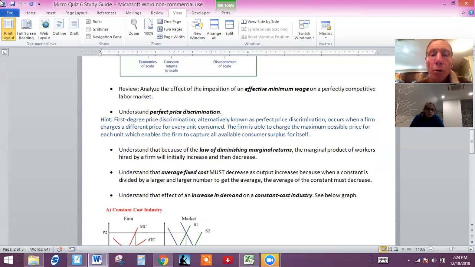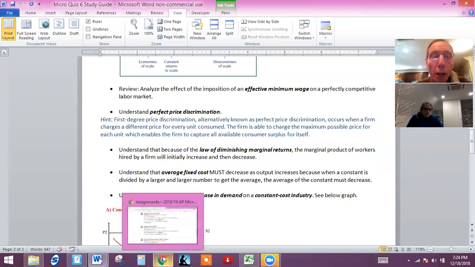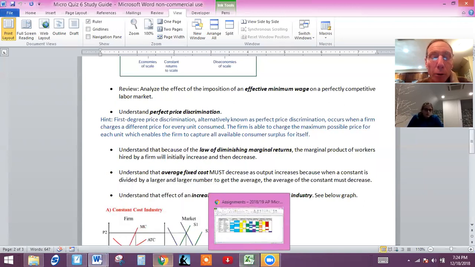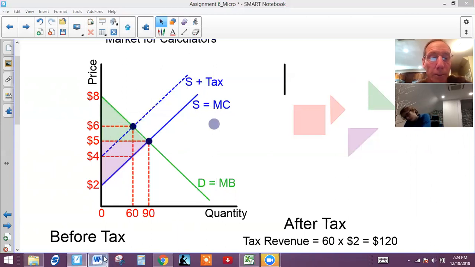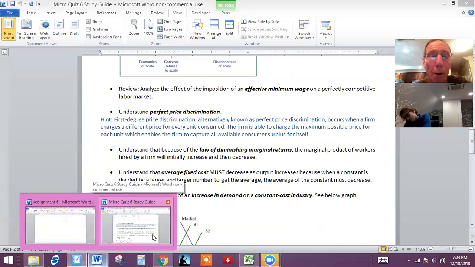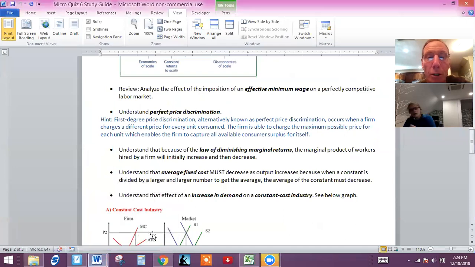So your marginal revenue curve would typically in real life not just be downward sloping. It would look like this. And the marginal cost curve would just be the opposite. It would go down and then it would go up, because marginal cost is just the exact opposite of marginal revenue. We'll talk a lot more about that in chapter 10.